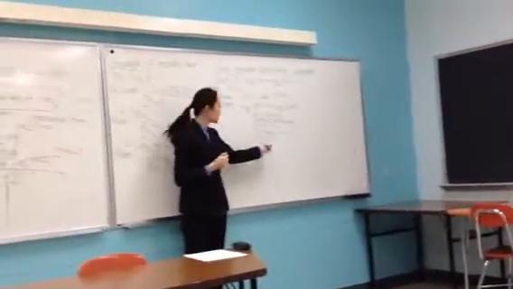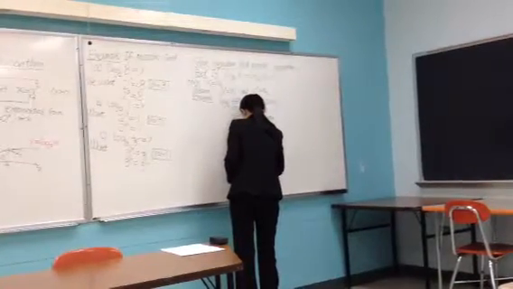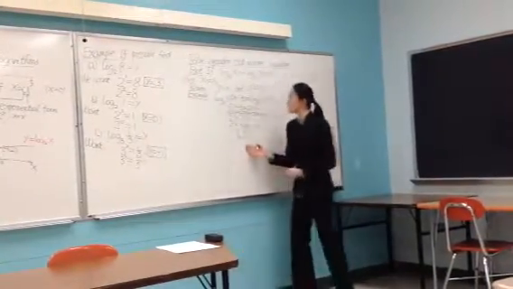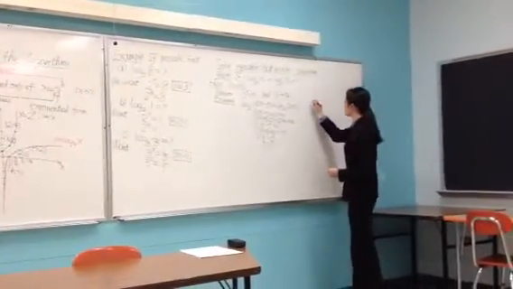Now, let's divide 2 on both sides. 2 is not equal to 0, so we can divide 2 on both sides. Okay, this is our solution. Now, let us check our solution.